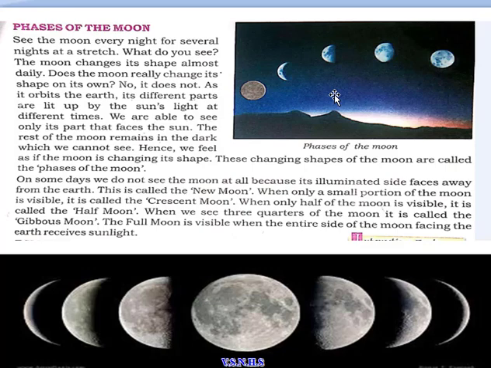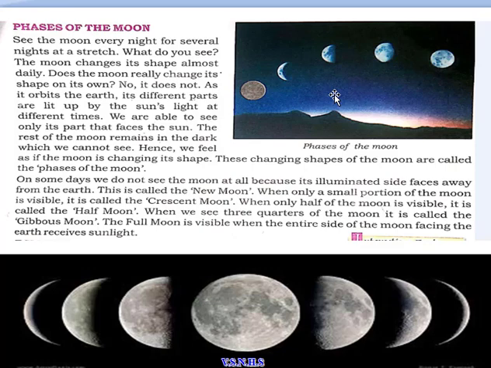That is, when the complete side of the moon gets the sunlight, we see the complete moon, and it is called the full moon.